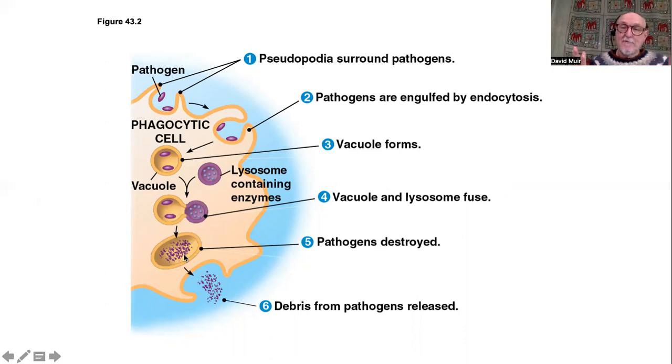They are used partially for nutrients, but the debris is released from the pathogens. This debris may go on to carry information to other cells. Other cells may pick up this debris and acquire information about the pathogens.